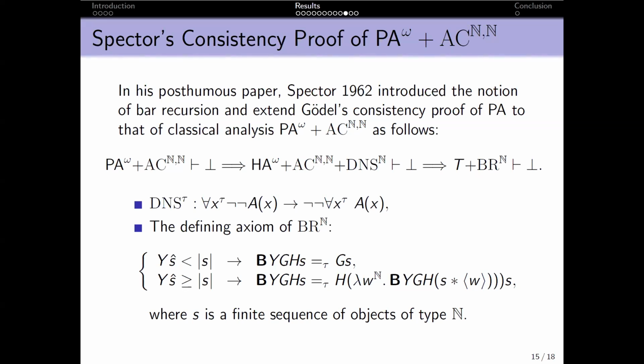For the negative translation of AC^{N,N}, one needs AC^{N,N} plus the double negation shift principle for natural numbers. Double negation shift is this one, which is, of course, classically valid, but unprovable. And for the dialectica interpretation of DNS, he introduced this somewhat mysterious recursive definition of terms.